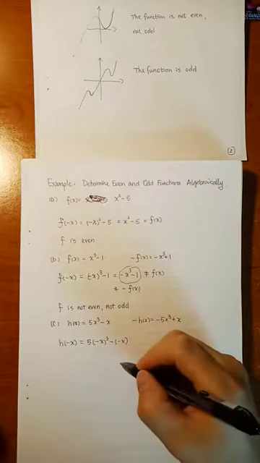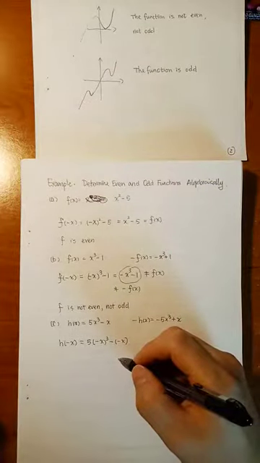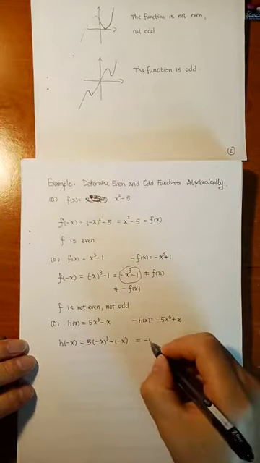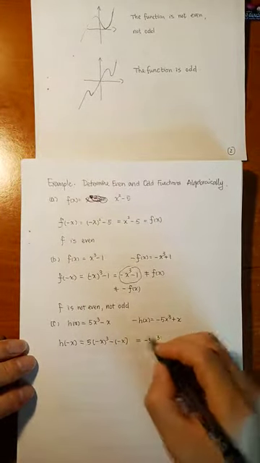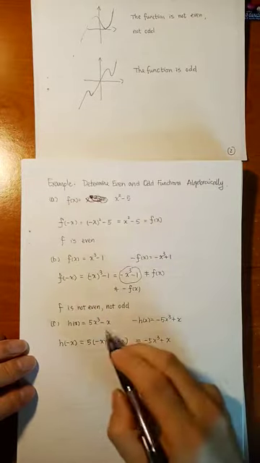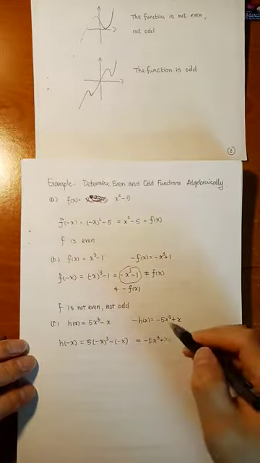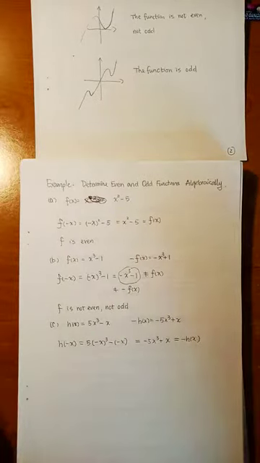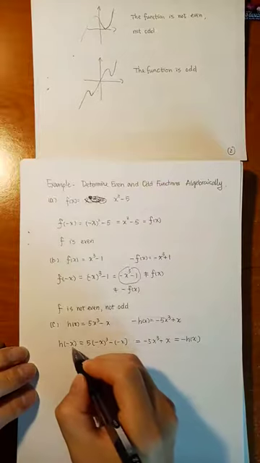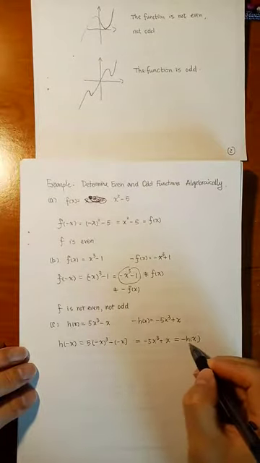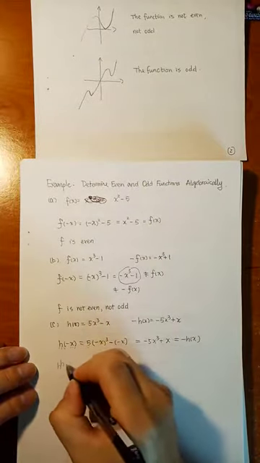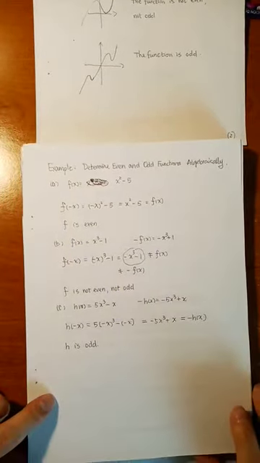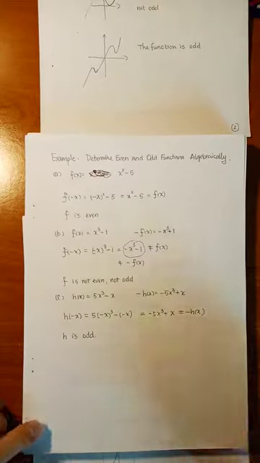Don't forget parentheses. It's very, very important. Negative x cubed is negative 5x cubed. Negative x is positive x. See, compare this result with one of them. This is equal to negative h of x. So h of negative x is equal to negative h of x. So h is an odd function. Move the negative sign forward, you get an odd function.